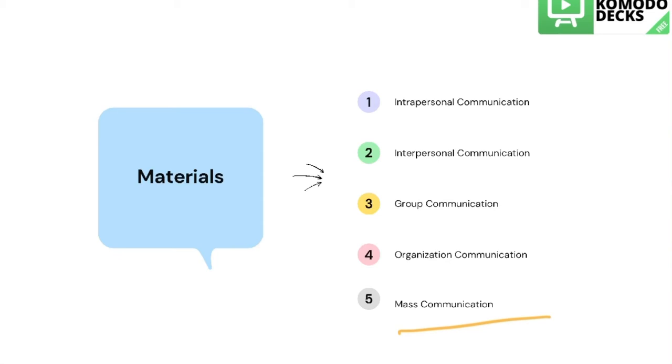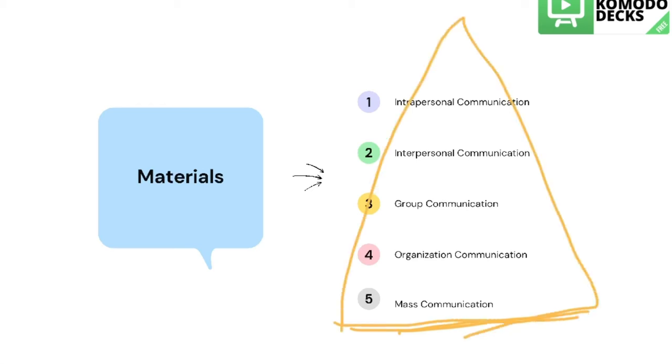Actually, we can imagine that the order here is like a triangle. Yeah, this is a bad triangle, but that's okay. Intrapersonal communication is the level at the top of this triangle.